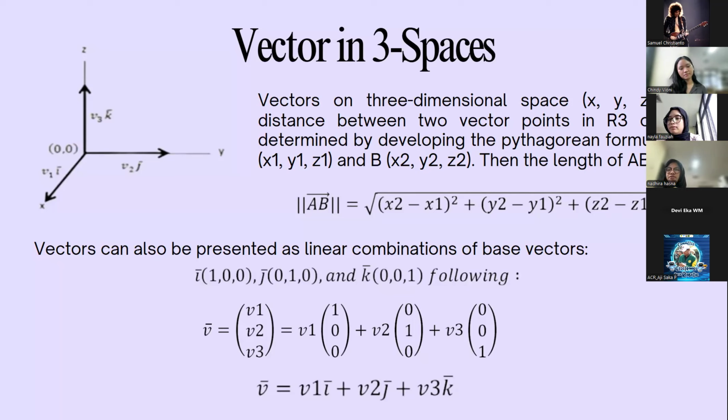So we get V1 multiplied by (1, 0, 0), plus V2 multiplied by (0, 1, 0), plus V3 multiplied by (0, 0, 1). So the result is vector V equals V1 vector i plus V2 vector j plus V3 vector k.